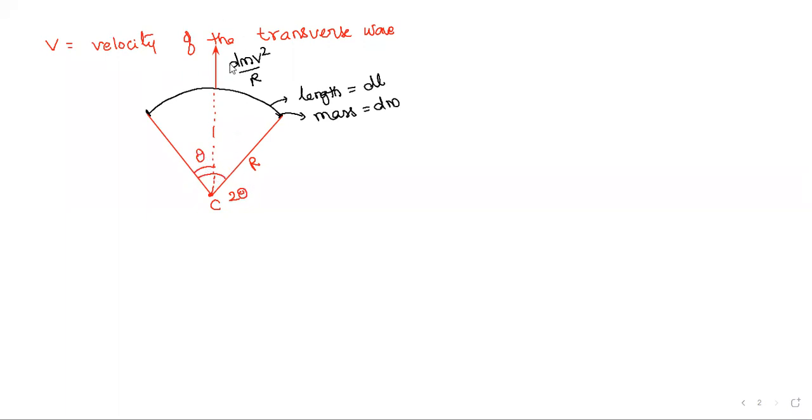Using the sector principle, angle equals arc by radius, so theta equals L by R. Theta at the center is 2 theta, and the length is dl, so 2 theta is equal to dl by r using this formula. Sector principle. Very good, so take it as the first equation.